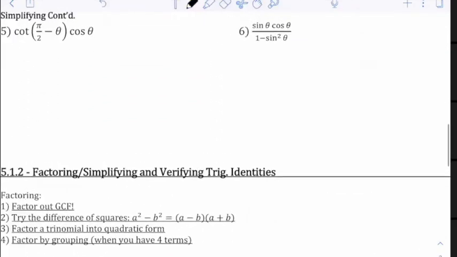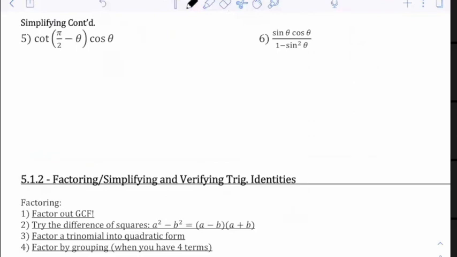Okay. So for that one, the fact that I have pi over 2 minus theta probably gives us a good sense that we are dealing with a cofunction identity. The cofunction of cotangent would be tangent. So this would be tangent of theta, just using a cofunction identity, times cosine of theta.